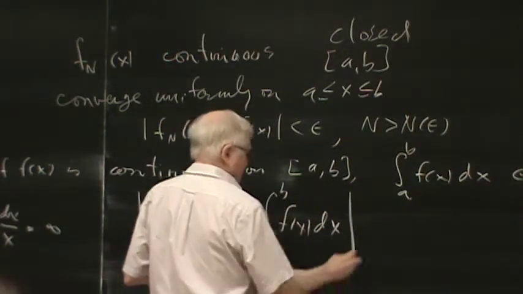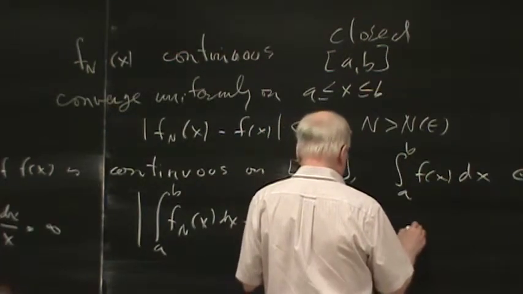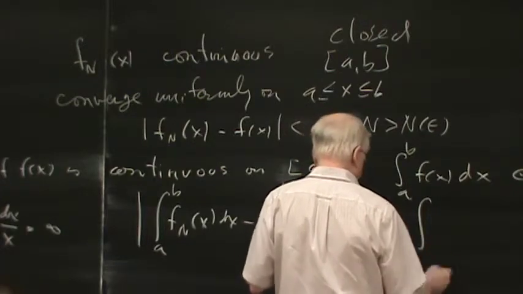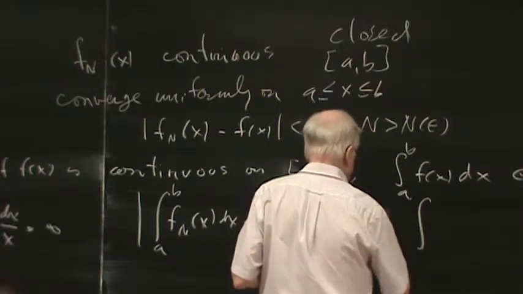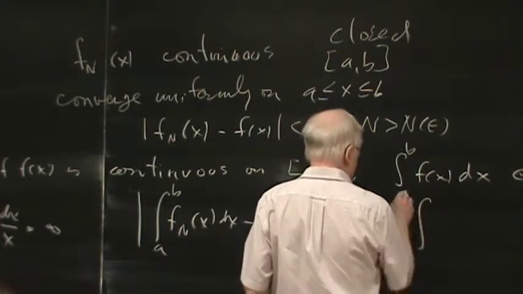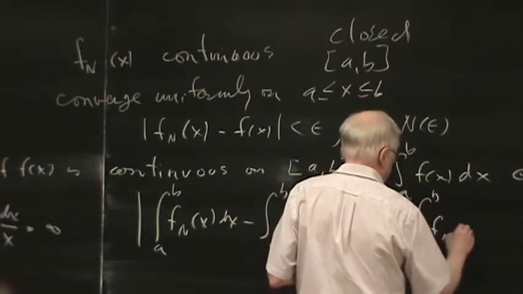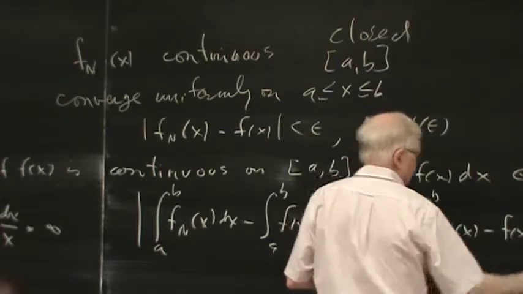Both of these exist, so we can subtract them, and the difference, of course, is less than or equal to, or let us put it this way, maybe I'll do this in 2 steps. This thing is equal then to the absolute value of the integral of f_n of x minus f of x dx.